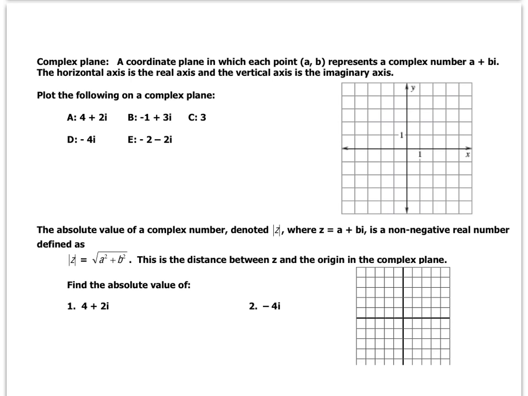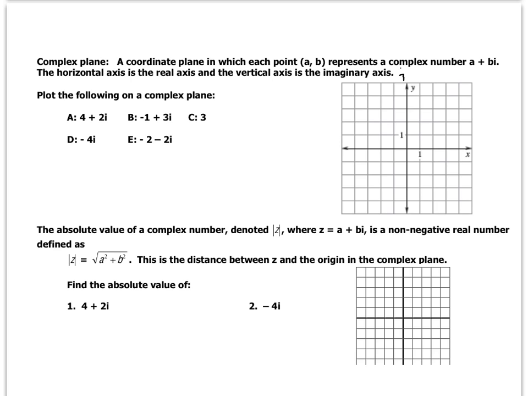Okay, so we are now going to do some graphing on our complex plane. It says a coordinate plane in which each point (a, b) represents a complex number a plus bi. So here my a is first, my real part goes first. And that's in the x spot, so my real part's going to go right here. My b is my imaginary part, that's second, that's in the y spot, so my imaginary part's going to go right here. The horizontal axis is the real axis, and the vertical axis is the imaginary axis. So let's label that just so that we remember this.